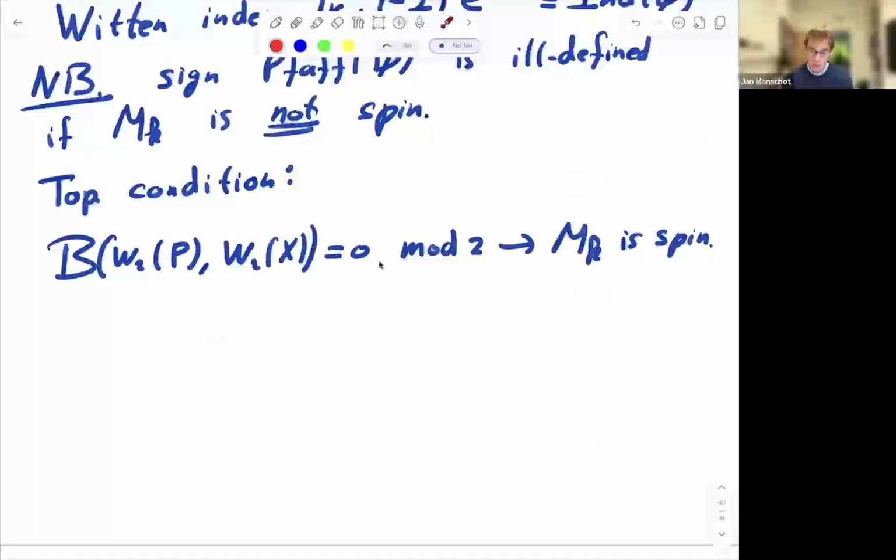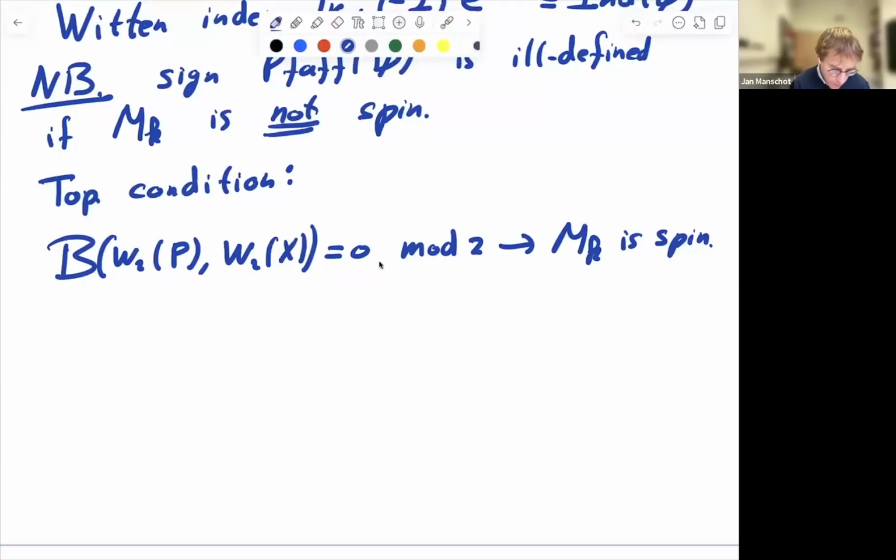So there's an interesting interplay between this moduli space of instantons being spin or not, and more macroscopic quantities. Now it is possible to cancel the anomaly. If this pairing is odd, there is an anomaly.